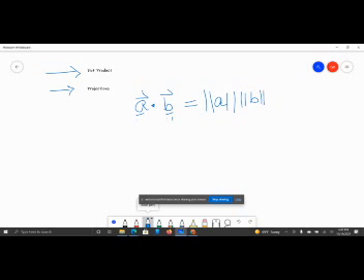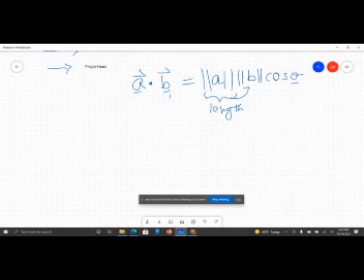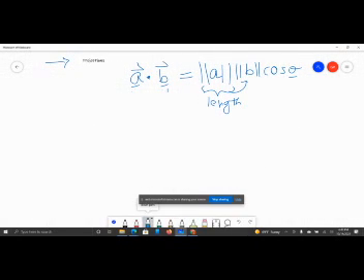So what it produces is the following, and over here, this term represents the length of A, and this represents the length of B. This theta is the angle between A and B, and this is the cosine of it. So if we sort of take this as an axiomatic value, you don't need to derive it unless you were to take a linear algebra class, but that would be too much detail to go into over here.